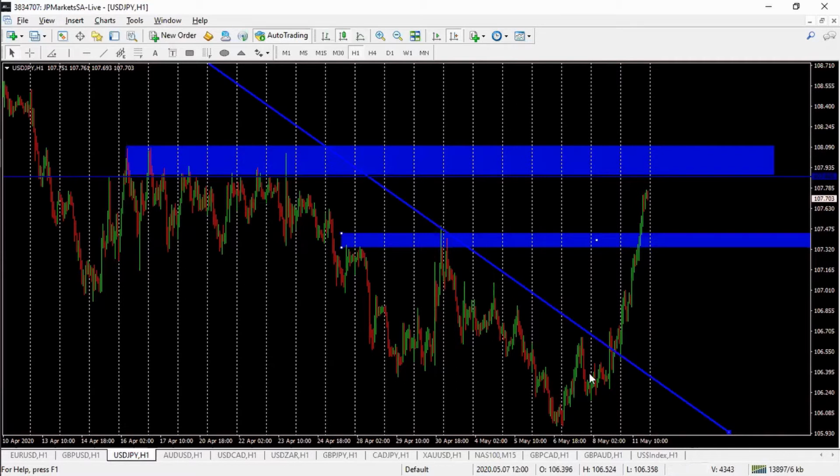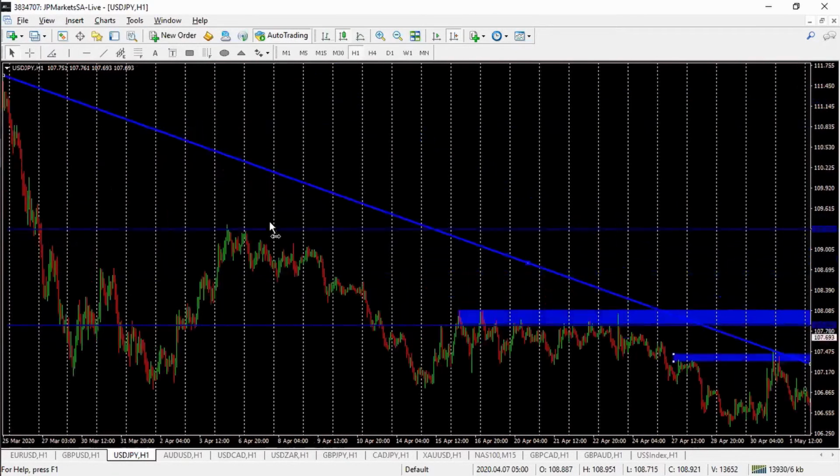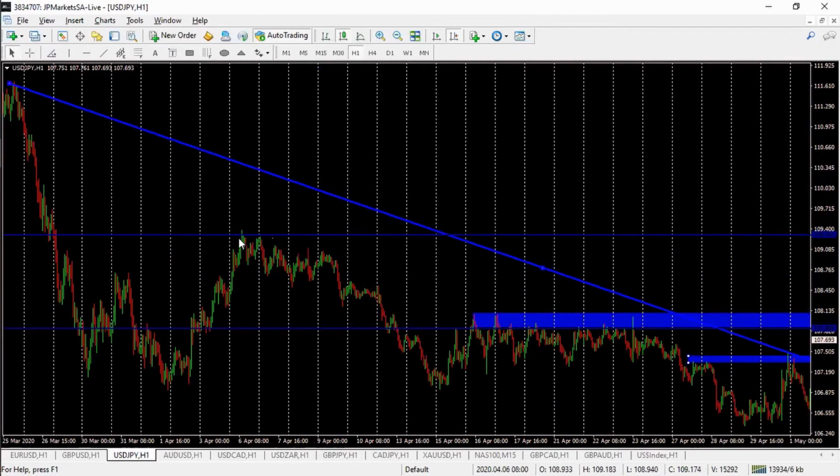You indicate that the direction will be going up. It's gonna break it, and that's where you will be looking for a buy and move to the higher targets, which is the high of April.